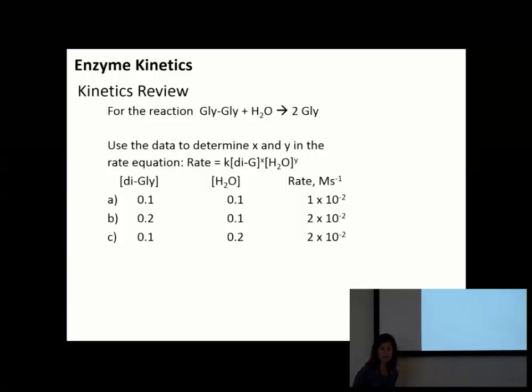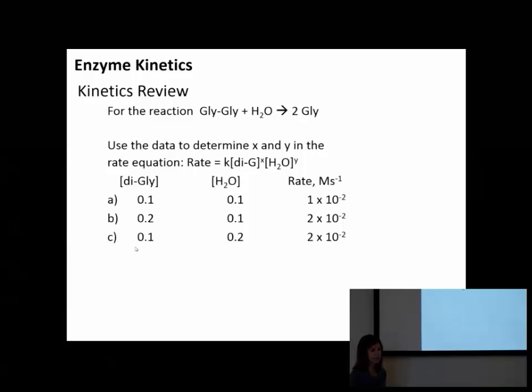Again, there's a more mathematical way, and if you'd like to explore that, we could take some time after class, but I'm not going to muddy that here. What order is it with respect to water? You have to look at the two reactions where the other one is kept constant. So the diglycine is in A and C is held constant, right? We look at how the rate changes when we double the concentration of water.